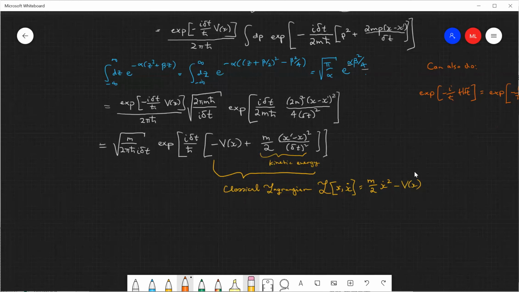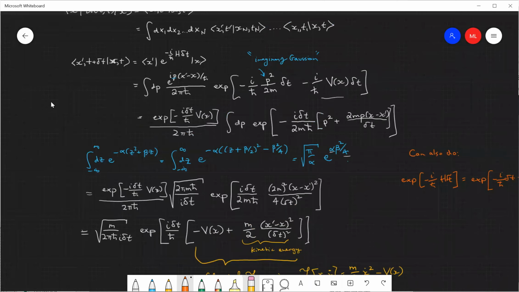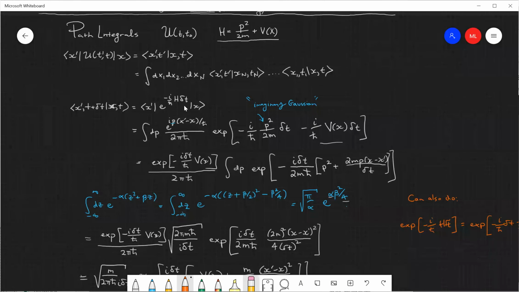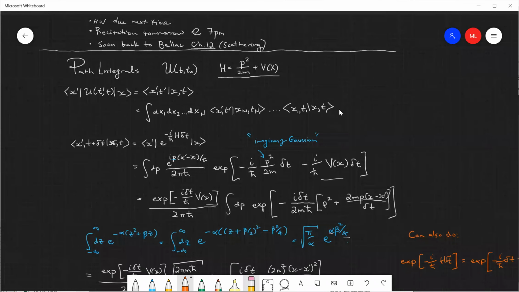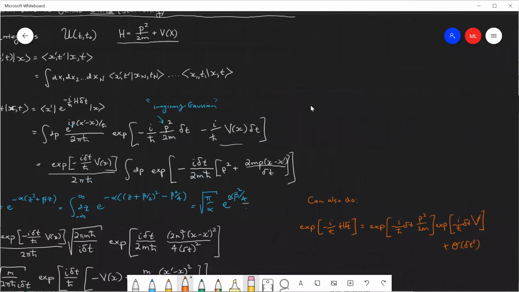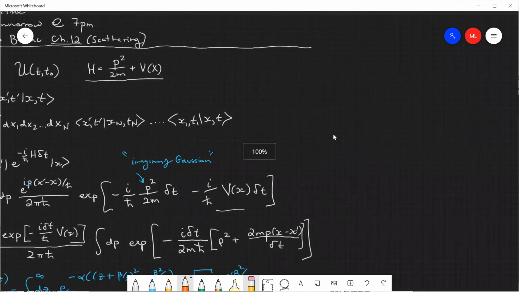Okay, so let's apply now the composition rule to this result. Now we know what this looks like at each infinitesimal time interval, and we know that we have to integrate up all of the infinitesimal time intervals to get the result. So nothing really is stopping us from going back here and doing that.